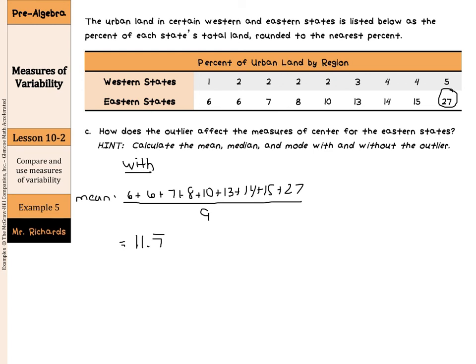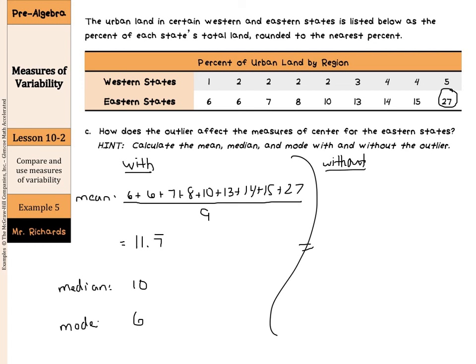Now we come to our median. With it, we already calculated our median as 10. As for the mode, the term that appears the most often, I have a 6 twice, and that's the only repeating, so there's my mode of 6. So now we get to calculate this without the outlier of 27 and see how that affects these measures of center.